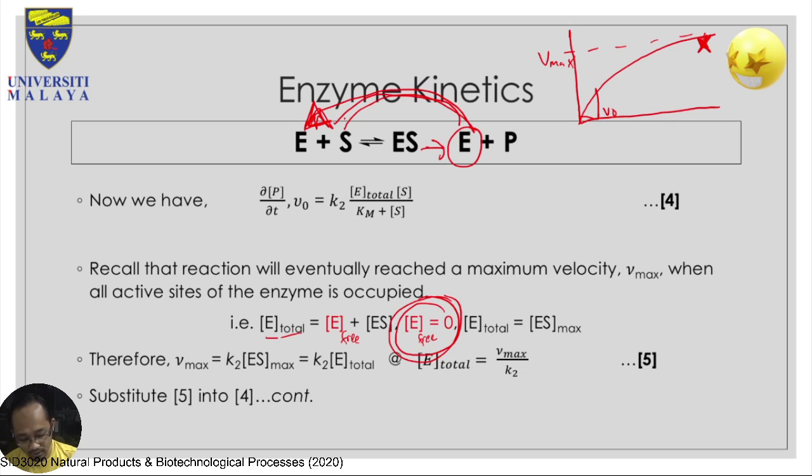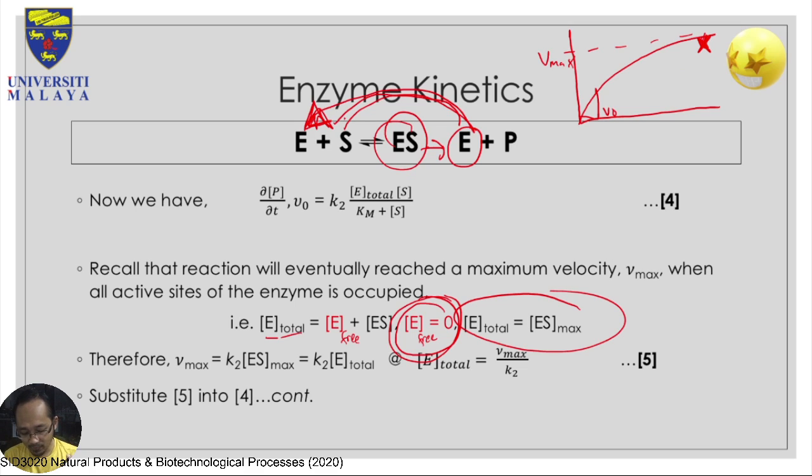Therefore the expression now changes to E total equals ES max. So you convert all the free enzyme into an enzyme substrate complex, and E total should be equal to the concentration of your enzyme substrate complex.